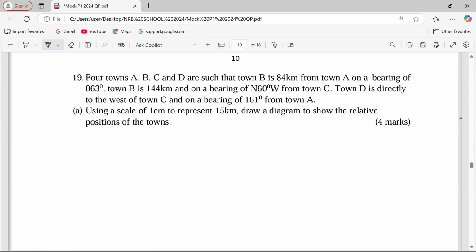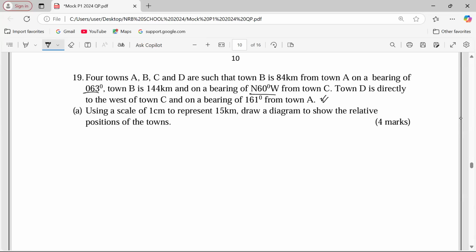Town B is 144 kilometers on a bearing of north 60 degrees west from town C. It's good for you to know that this is called true bearing. This one is called the compass bearing. Town D is directly to the west of town C and on a bearing of 161 degrees from A. Again, very serious instruction there.